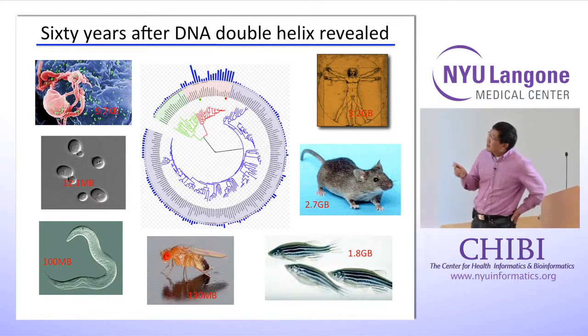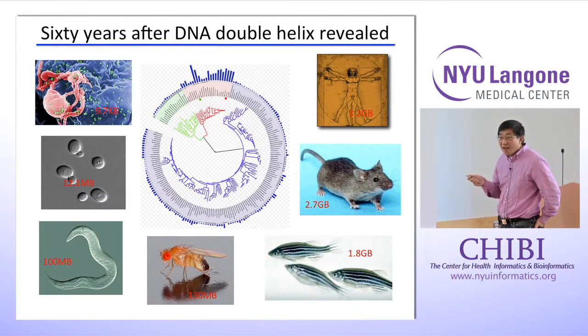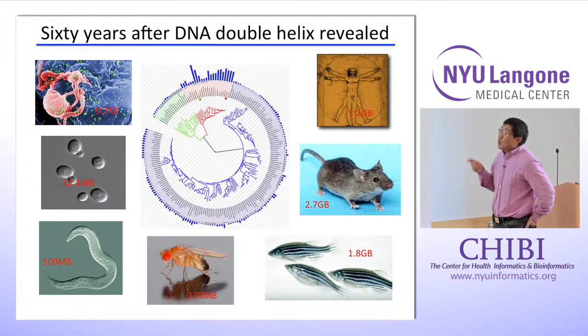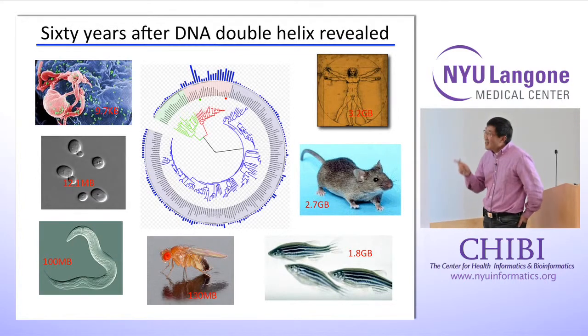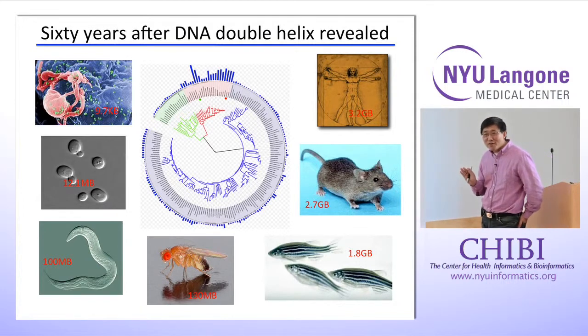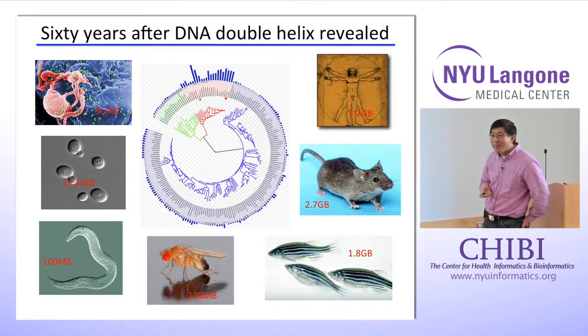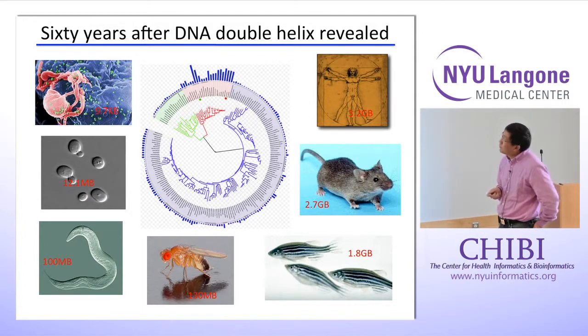The number of genes doesn't seem to increase as the system complexity increases. From a worm to a human being, it's roughly 16,000 to 20,000 active genes, which makes the genome fully functional.